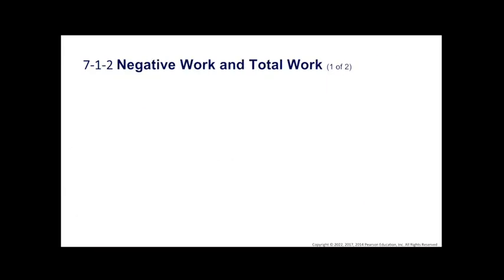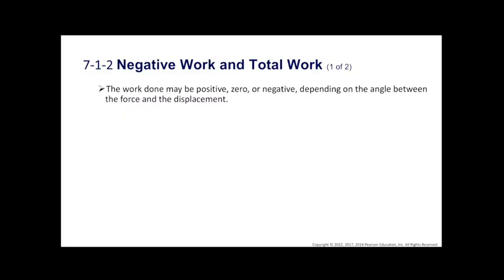Now work done can be any value, positive, negative or 0, depending on the angle between the force and the displacement. If the force has a component in the direction of motion, that is if theta is between minus 90 degrees and plus 90 degrees, then we say that work is positive.